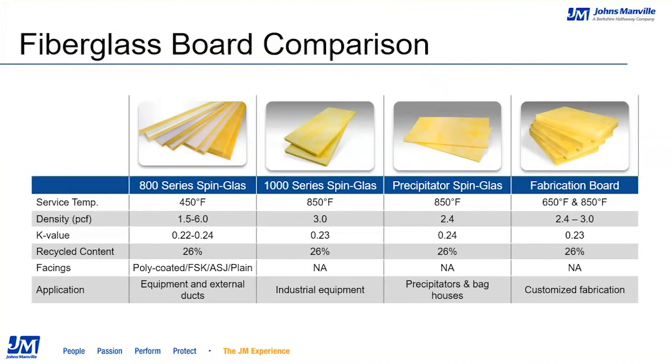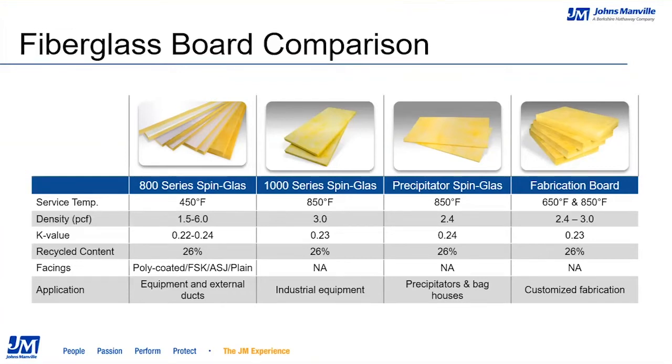As we look across all these different characteristics, you get a sense of the different applications that they are suited for. 800 series, for instance, is intended to be used on mechanical equipment and on the outside of ducts. With a higher temperature rating, 1000 series is used in more industrial applications. Precipitator board, as the name would suggest, is used on precipitators and baghouses.